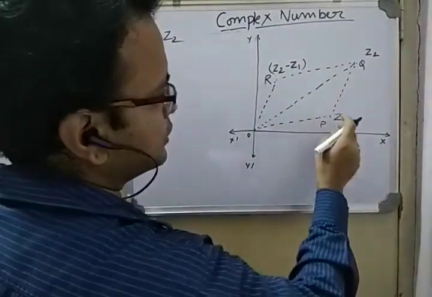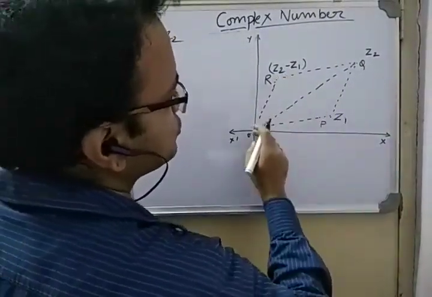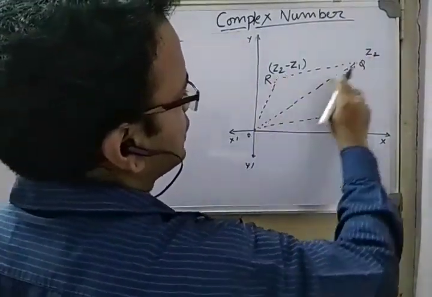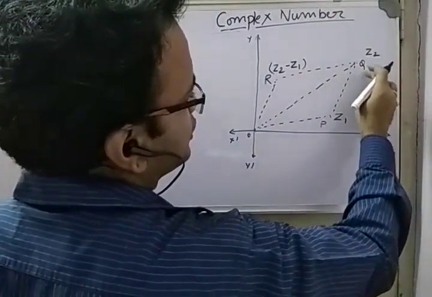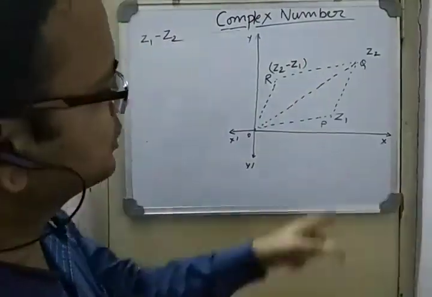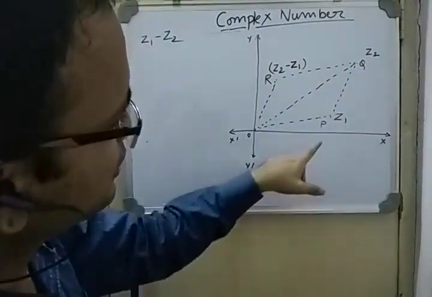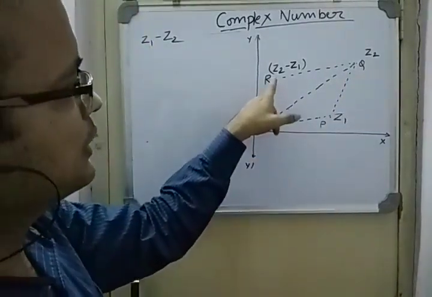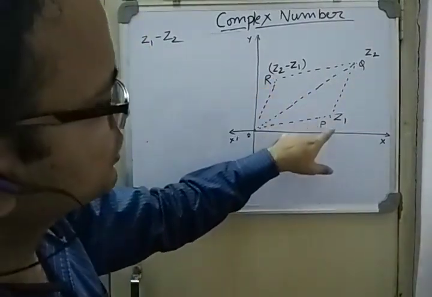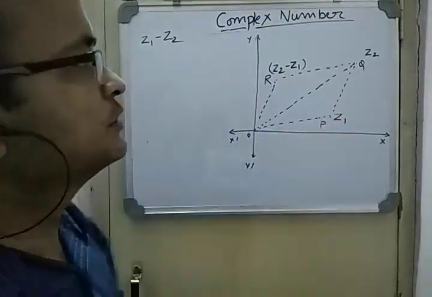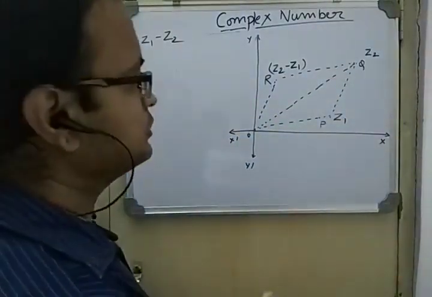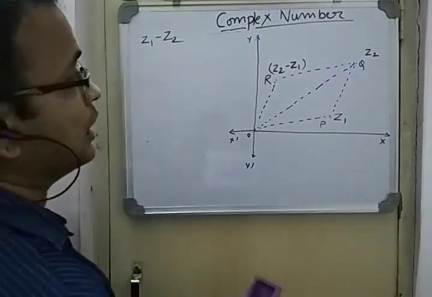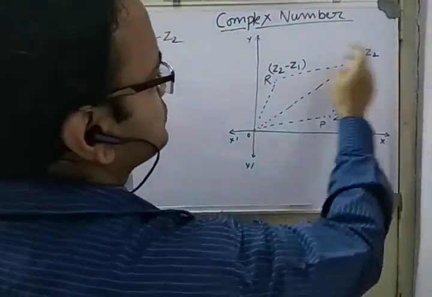Simple. If this is Z1 and this is Z2, then in the parallelogram, the diagonal extreme point Q will give the summed result of Z1 plus Z2. But I have taken the other point as Z2 minus Z1, so that I can add these two to reach this. Now in the reverse way, we will try to understand, if Z1 and Z2 are given, how to reach there.